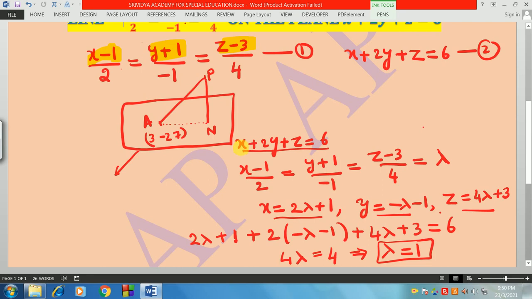Therefore x plus 2y plus z, that is, the coefficient of x, coefficient of y and coefficient of z, are 1, 2, 1, which is proportional to the direction ratios of PN.